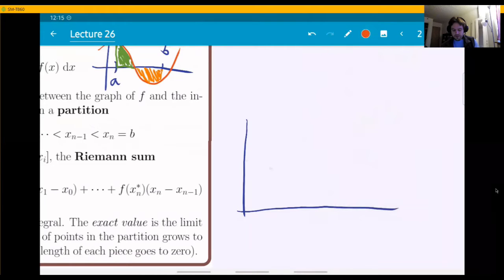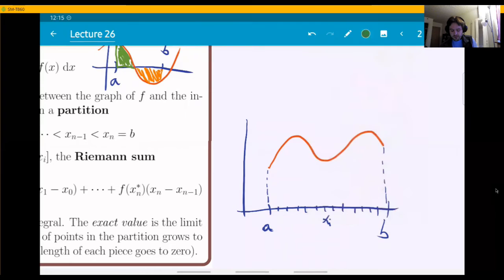But let me just quickly draw here. Imagine you have a function, once again, between a and b. And you want to somehow define what is the area between the graph and the x-axis. In such cases like this, where the function is a general curve, what you do is you subdivide this into very small pieces. Those are your xi points. And in between each one, you're also going to select an xi star that determines the height that you're going to select for each piece by looking at the graph of f.